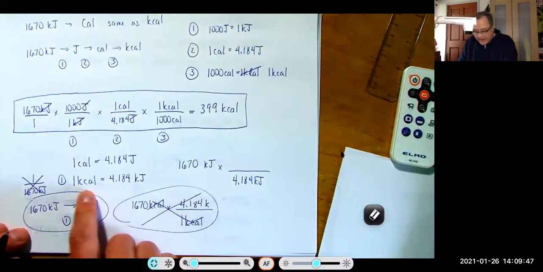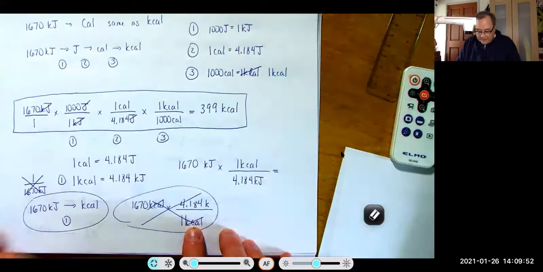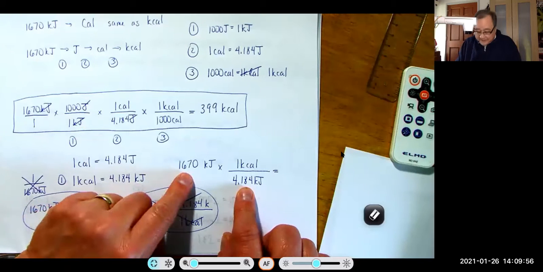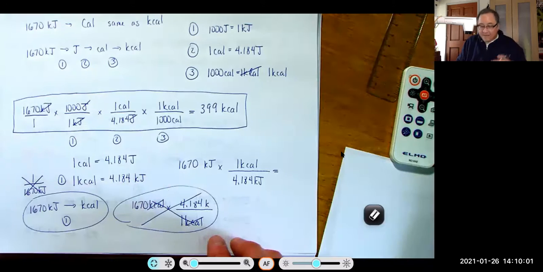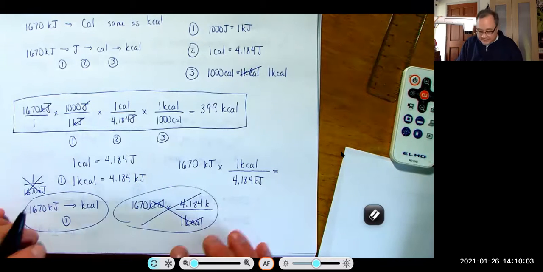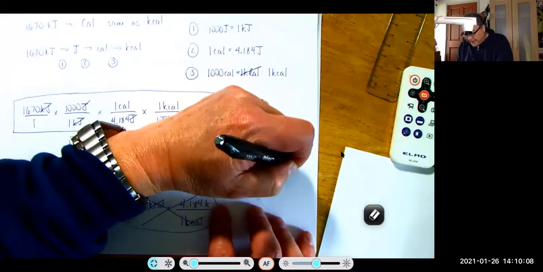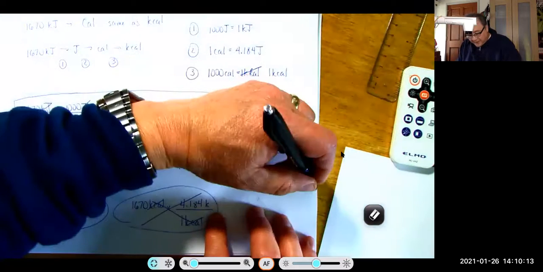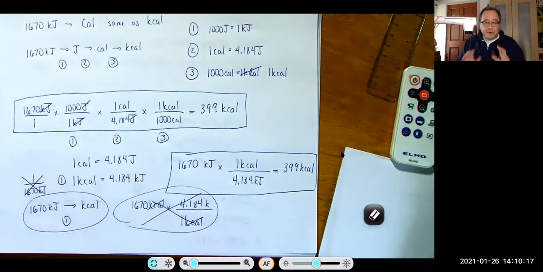And I'm going to write 1 kcal on top. And here, I even like this better than above because here I've got 4 sig figs, here I've got 3 sig figs, and the 1 is always exact in these conversions. So I have fewer numbers to look at for calculating sig figs. So I want 3, and I get 399 kcals.